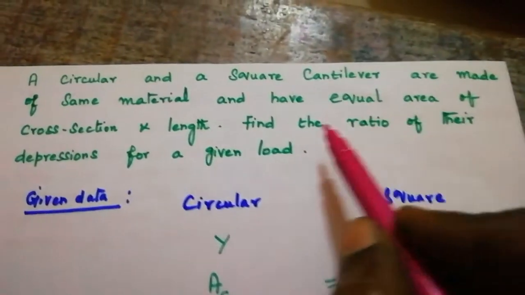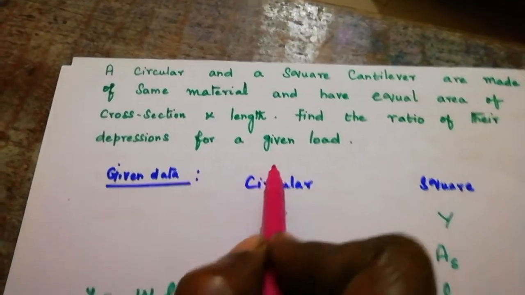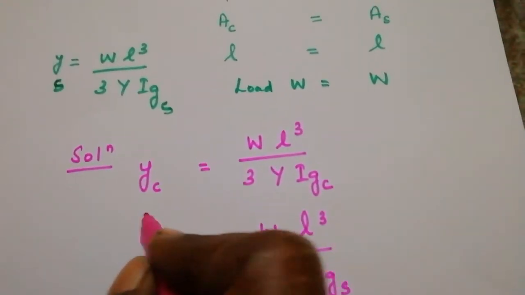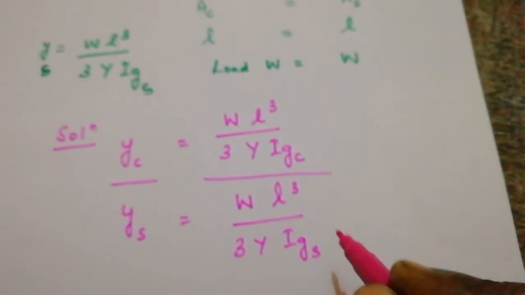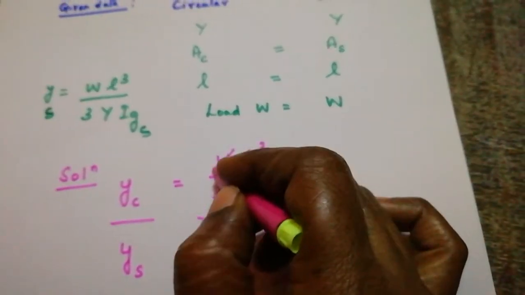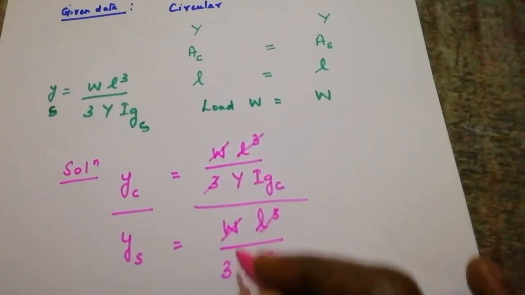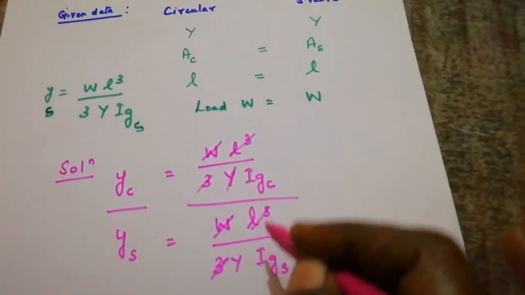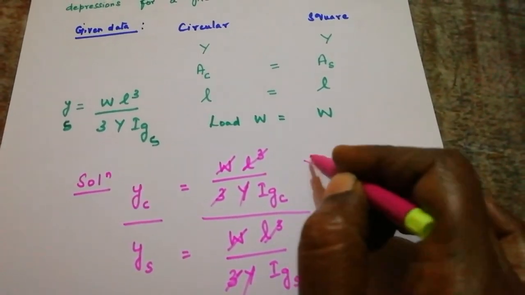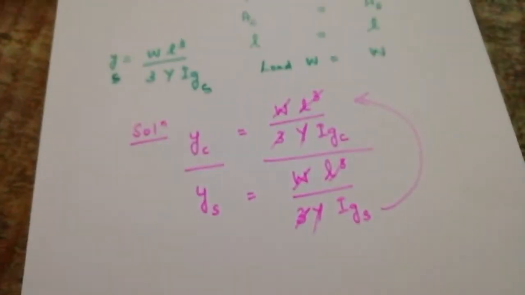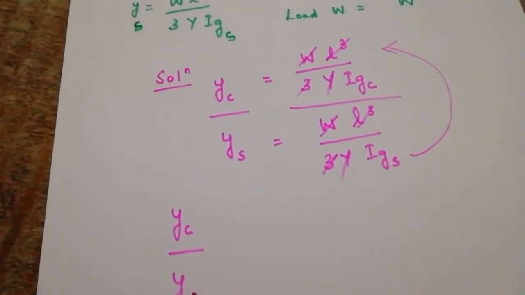The problem is to find the ratio of their depressions for a given load. So ratio is one divided by the other. Therefore Yc by Ys: W gets cancelled off, L cube, 3 Y, and then the denominator of the denominator I am raising to the numerator.